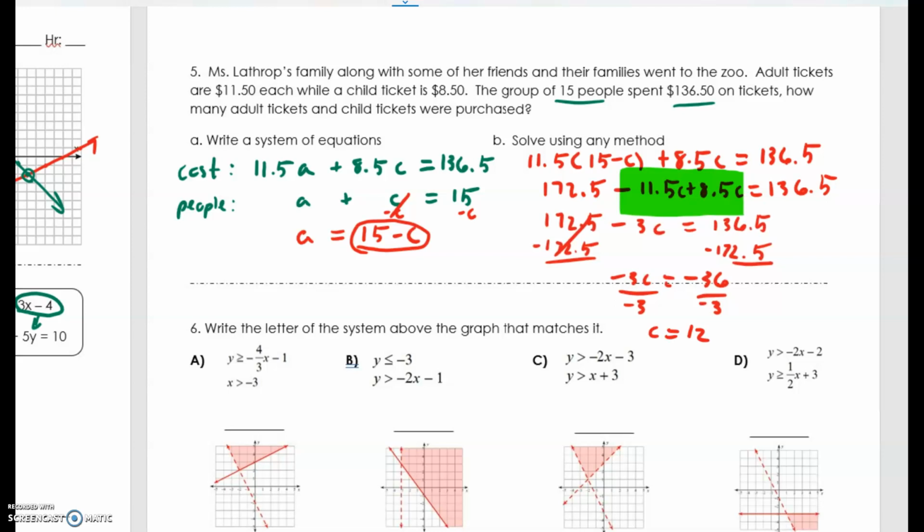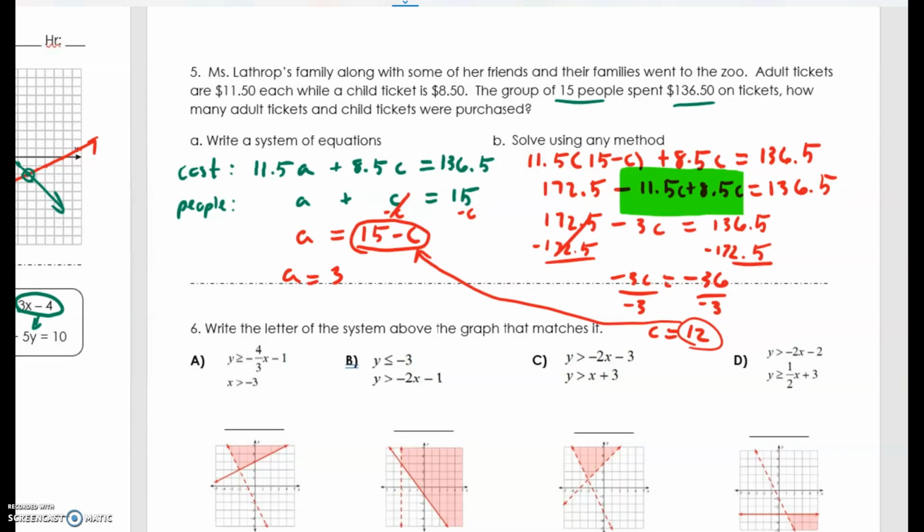And we get C is equal to 12, because negative 36 divided by negative 3 is 12. So if C is 12, we can plug that back in to get A. A is going to be 15 minus 12, which is 3.